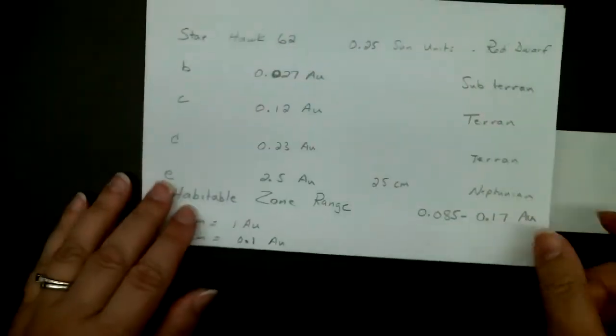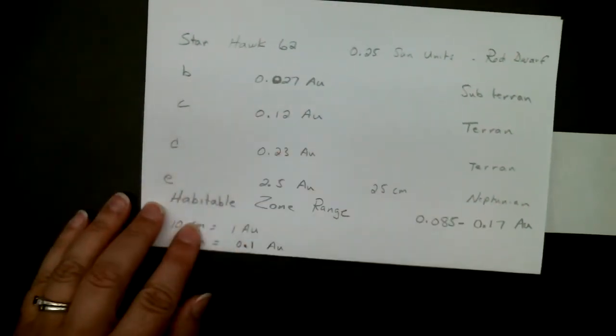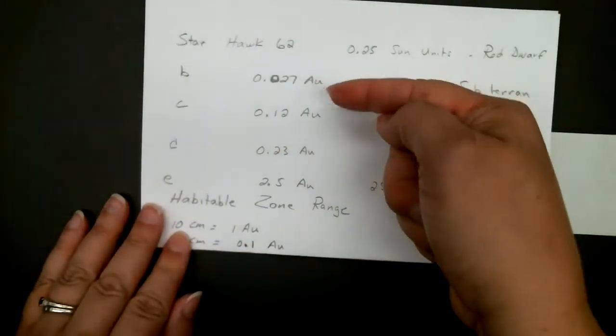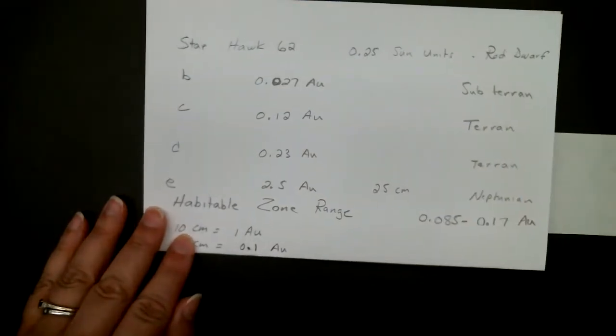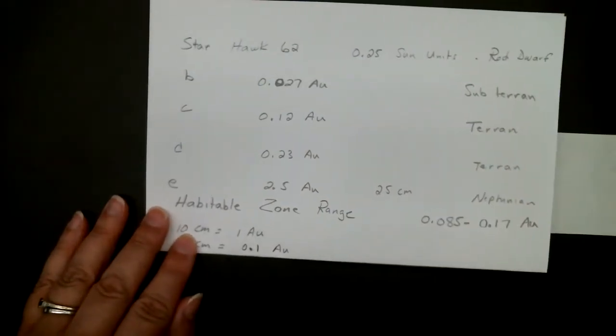And now I'm going to go ahead and add the planet that's closest. Now my planets are all in order, but yours might not be. Yours might be out of order because remember, they're named by letters according to the order they were discovered in. So yours might not be in the correct order as far as distance from the star, but mine are.